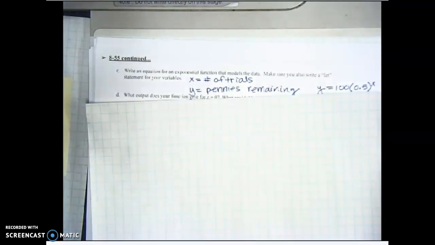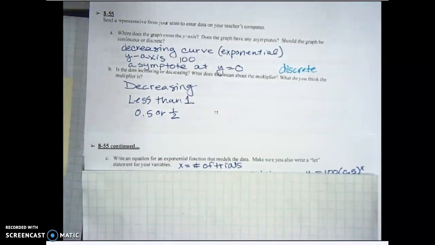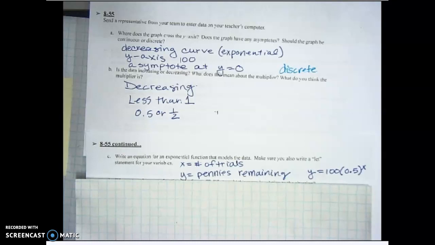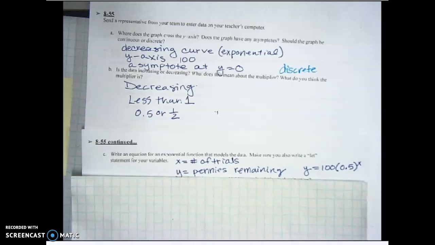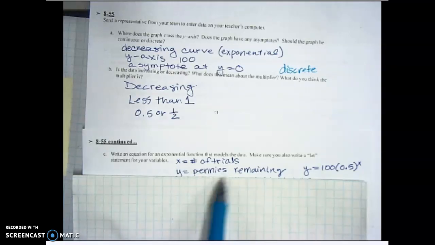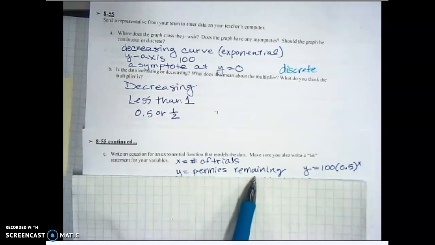Top of the next page, page 12 says, part C, write an equation for an exponential function that models your data. Make sure you also write a let statement for each of your variables. Your x is going to be the number of trials you've done, and the y is going to be the number of pennies remaining.